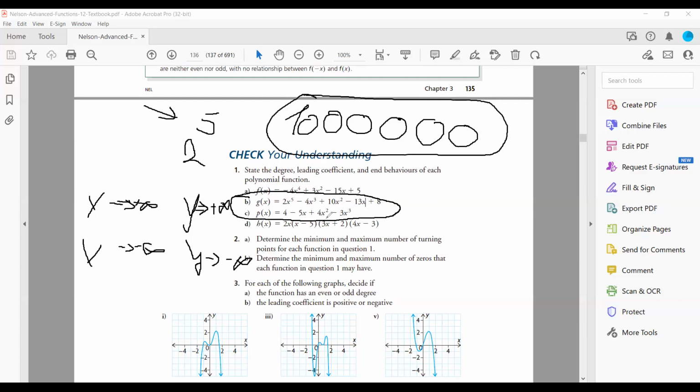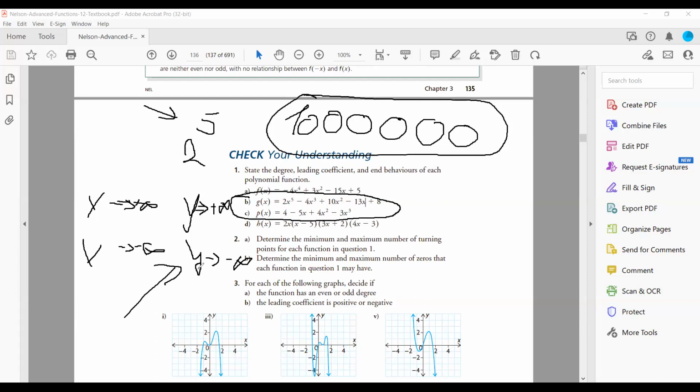It will be the other way around for C, because we have a leading coefficient minus. So the end behavior will basically switch. When x travels to negative infinity, the graph is going up. And when x travels to positive infinity, y travels to negative infinity, going down.